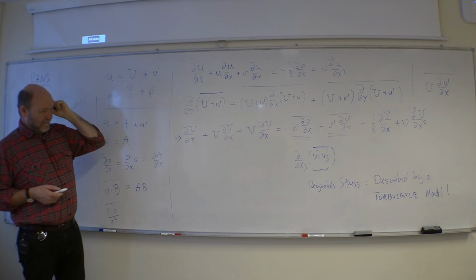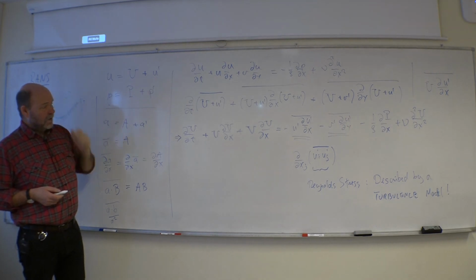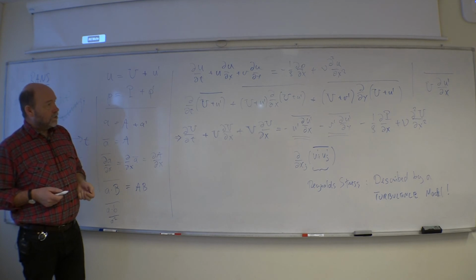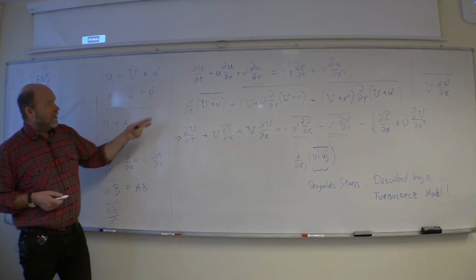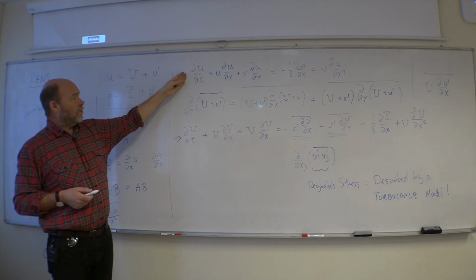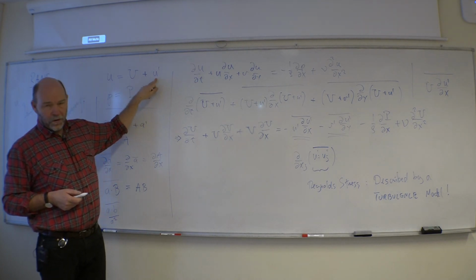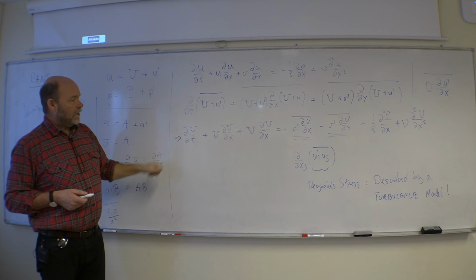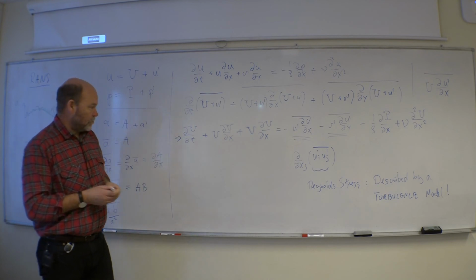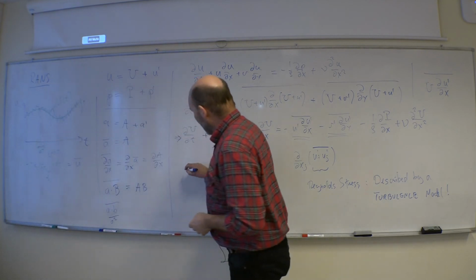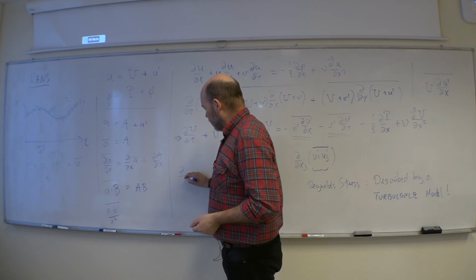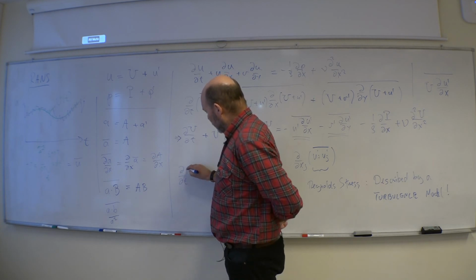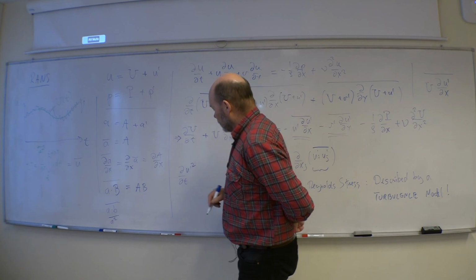Not so interesting, but yes, you can do it. And what you also can do, take this equation here and multiply it with a fluctuating part. Then it's actually possible to construct a version of Navier-Stokes, now being an equation for this guy.